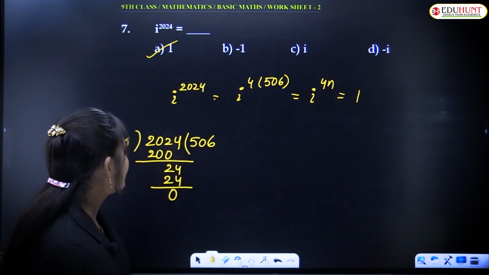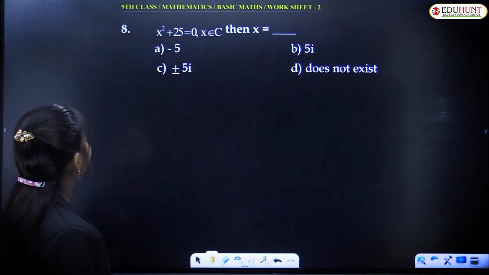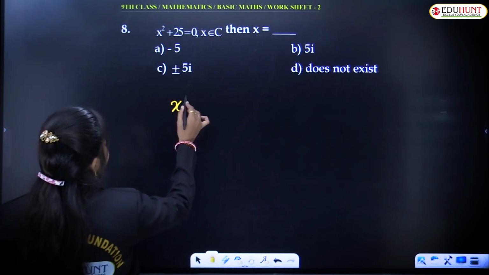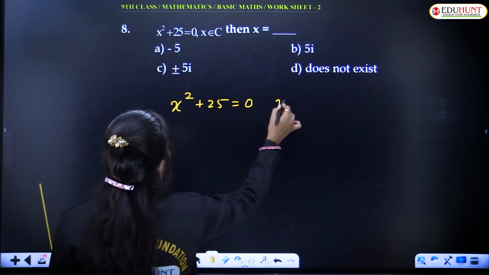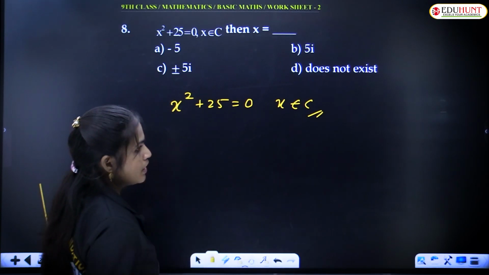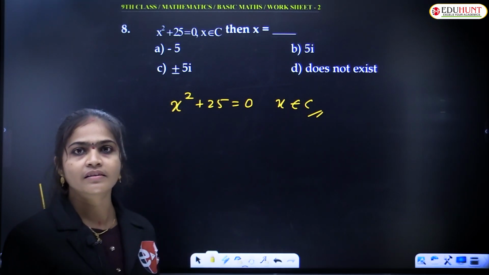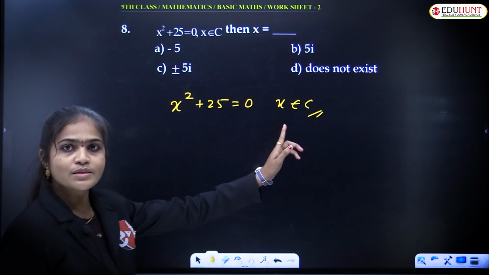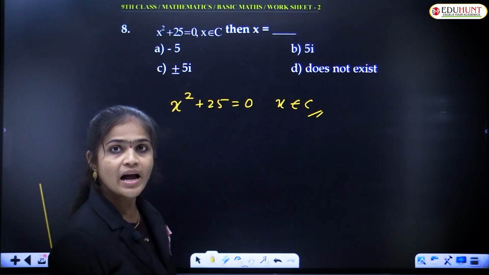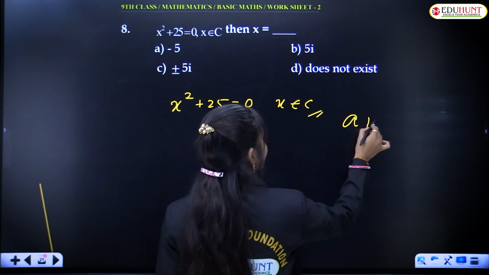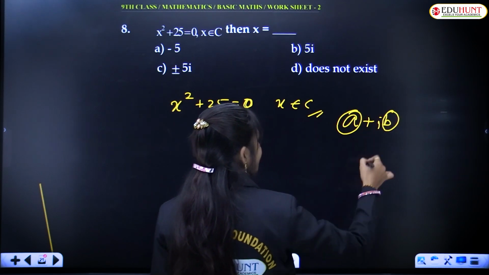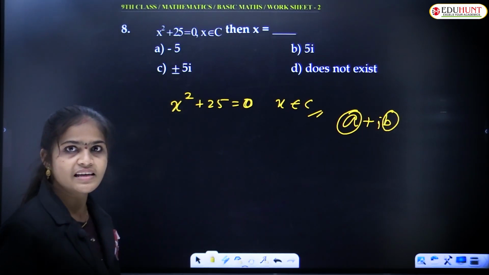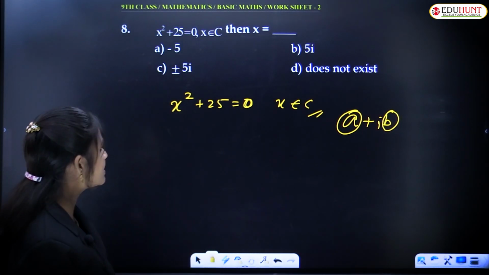Okay children, let us see the next question. x square plus 25 is equal to 0 and here x belongs to complex numbers. Complex number means real numbers are there as well as imaginary numbers. Why? Because complex numbers are in the form a plus ib, where a is a real number, b is a real number and i is the imaginary unit. Already we discussed, no?